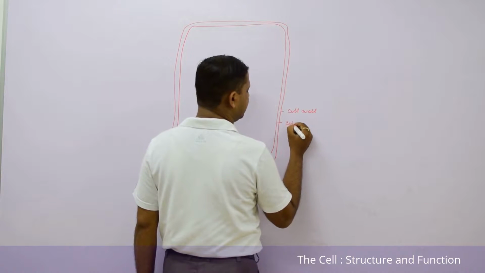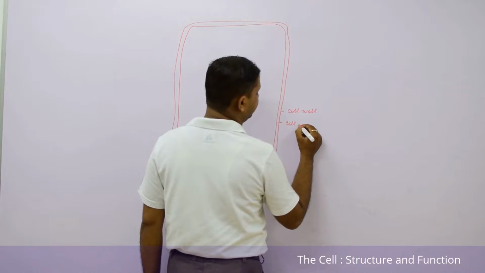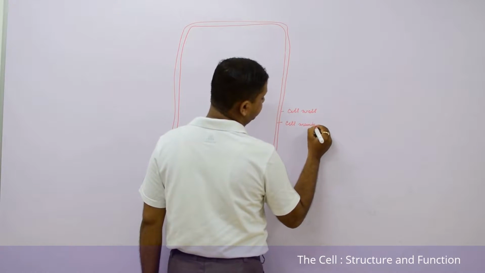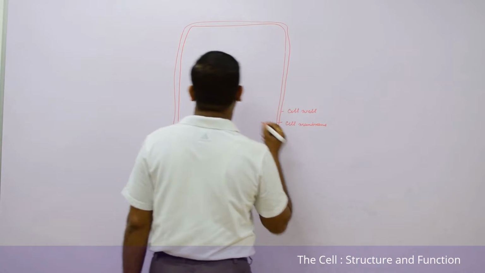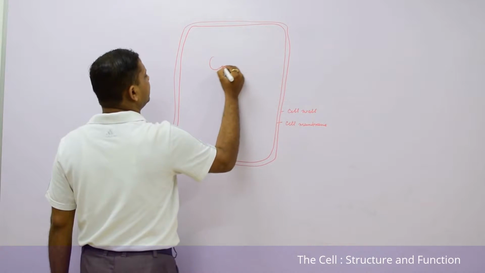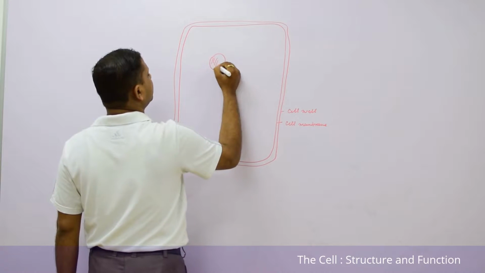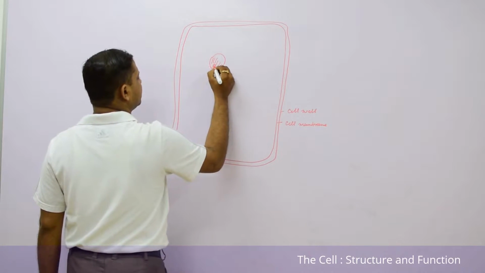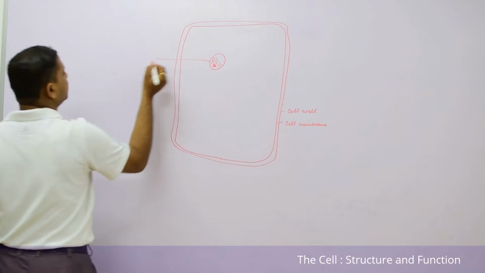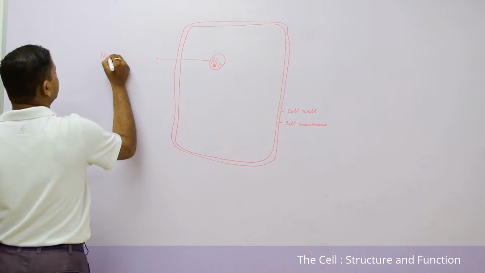Inside this there is a cell membrane present. Here we will see that one nucleus is found, and this nucleus is enclosed by the nuclear membrane.